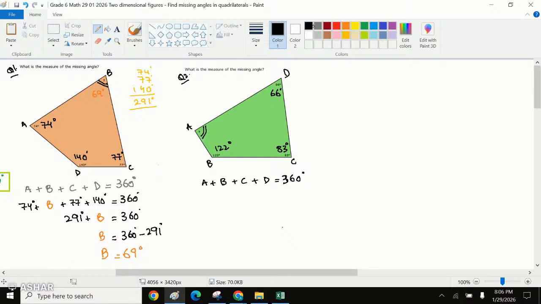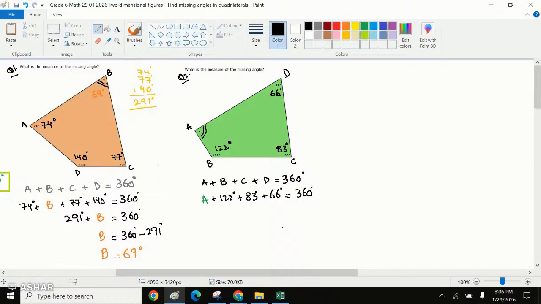Angle A, we don't know the value. But B was 122, C was 83, and D was 66. It should be equal to 360.